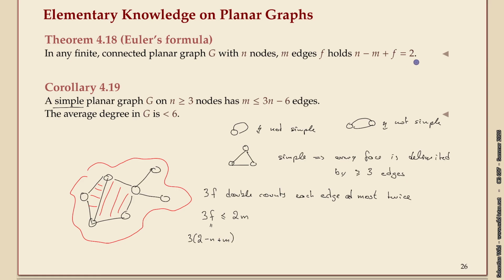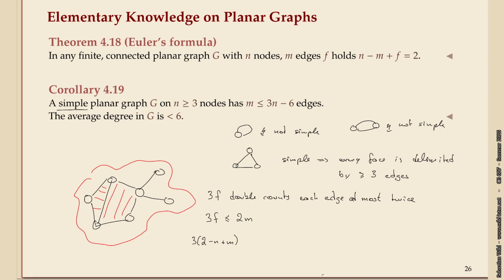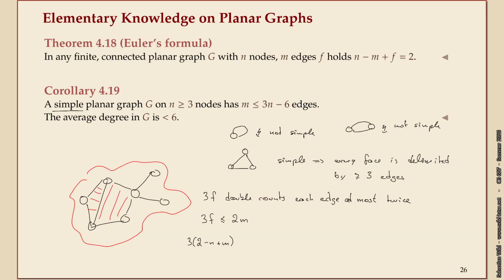I'm just solving this for f, and hopefully don't goof by doing it. That's the overall thing. Now you can simplify this further. So it's 6 minus 3n plus 3m.